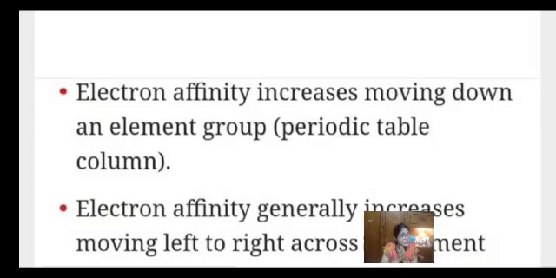So effective nuclear charge is the resultant nuclear charge that we have after considering the shielding. As the effective nuclear charge increases, the outermost electrons are more strongly held by the positively charged nucleus.